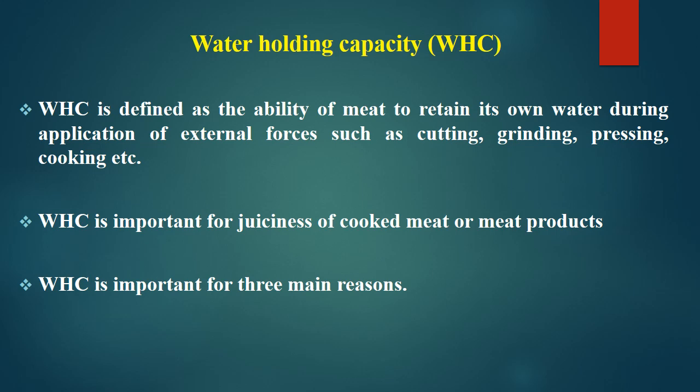This ability to retain water ultimately gives it the quality of juiciness. When we cook the meat or make any meat product and cook it, it should be able to retain its water, then only it will be juicy, and then only we will have the acceptability of the meat or meat product.